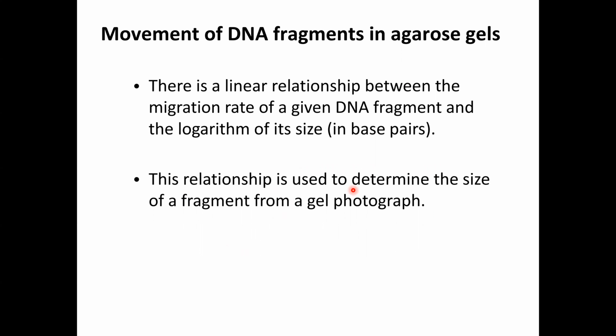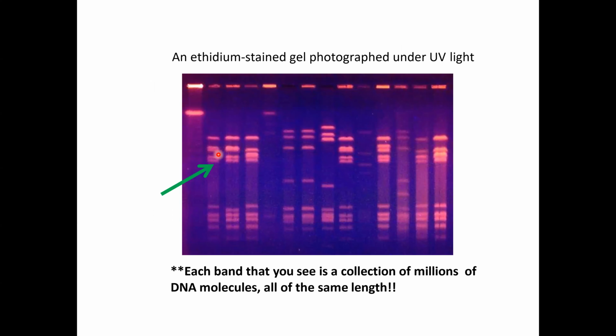Then we have here the relationship that is used to determine the size of the fragment from the gel photograph. So of course, these are references for us to determine that this DNA product in sample number one usually has a larger product.